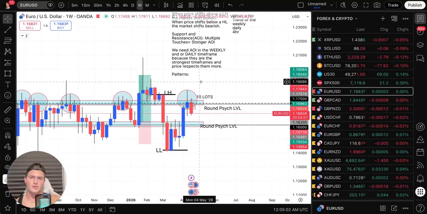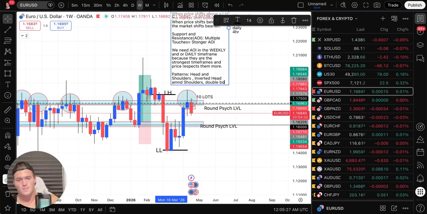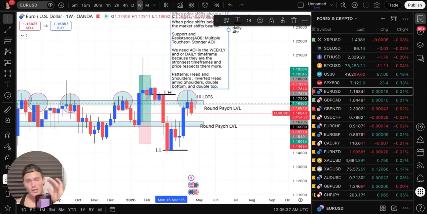So the patterns you guys want to look for are head and shoulders, inverted head and shoulders, double bottom, and double top. Honestly, y'all, these are the patterns that I use.